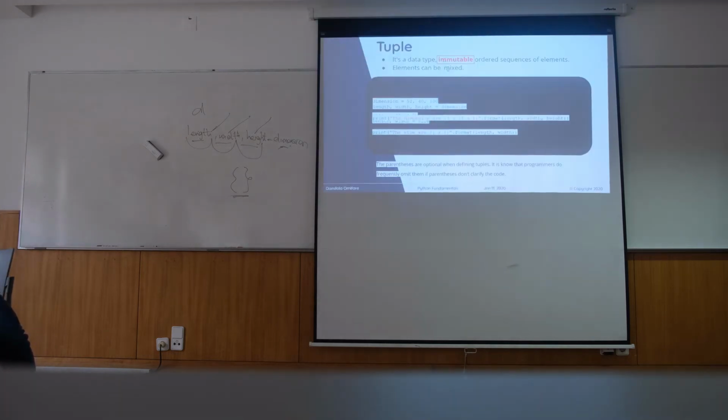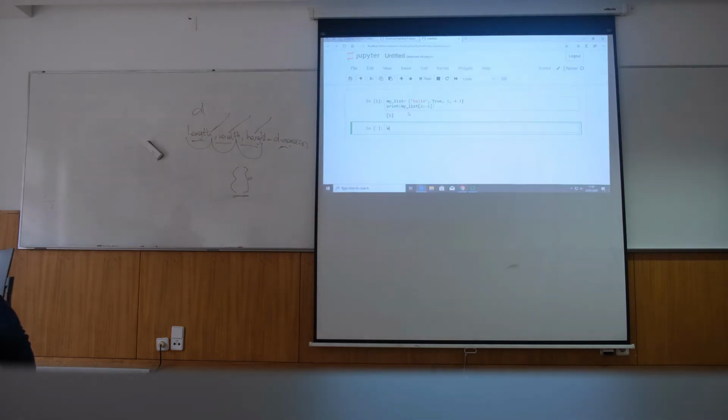Let me go back. So we have 52, 40, 100. So I would say dimension, in this case, it's 52, 40, 100. Then I said width, height.